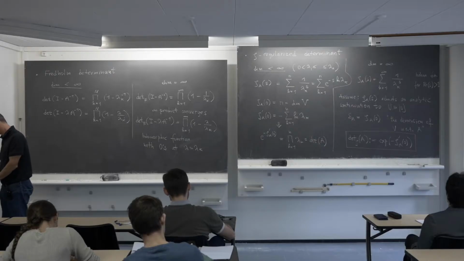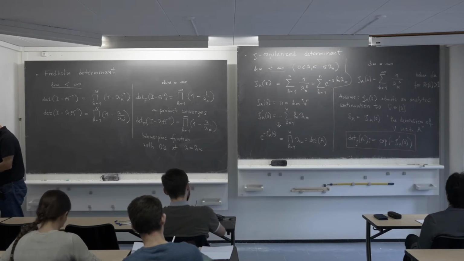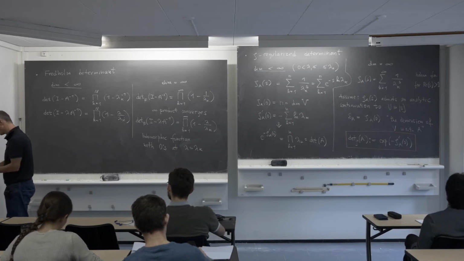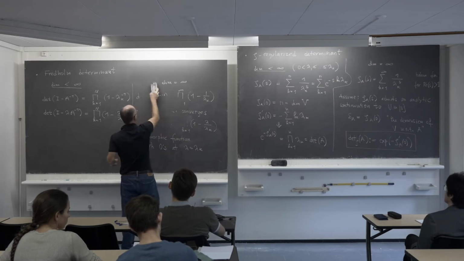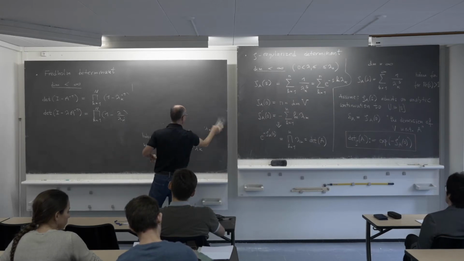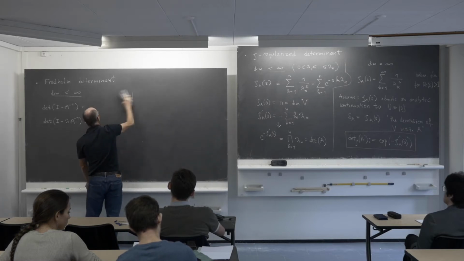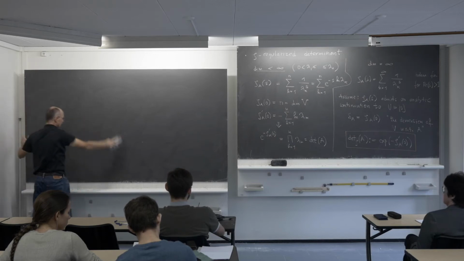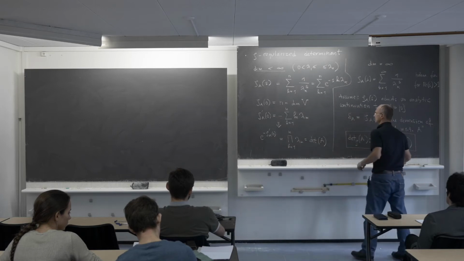Let me state one proposition with a proof, one theorem, probably without proof, and then we'll finally look at an example. Maybe one more remark about this definition. So a priori, with this formula, I defined my determinant only for operators with positive eigenvalues.